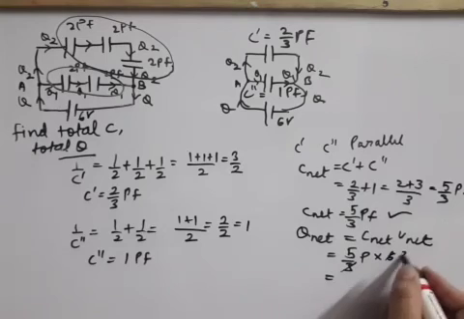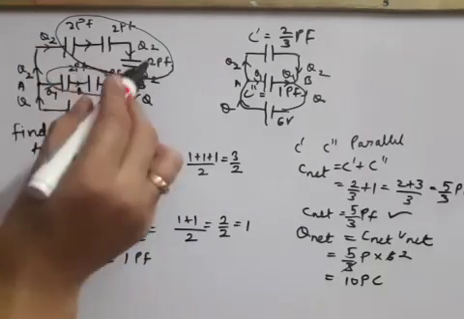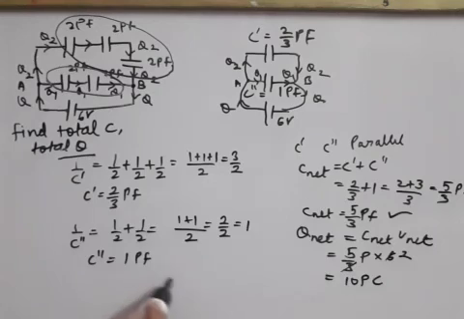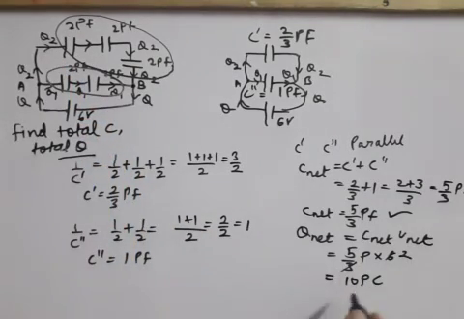Finally, after solving, answer is 10 picocoulomb. So this way the unit we can carry it without putting its value. So the unit, or we can call it the prefix. So this prefix we can use it as it is. If the capacitors are given in micro, so everywhere we have to use micro, and if the question is given in terms of pico, so we have to use it pico. So this way Q net is obtained.